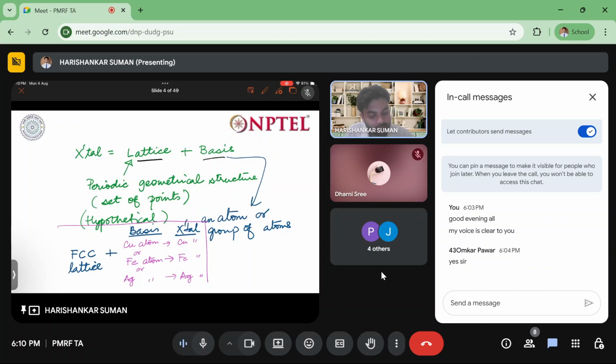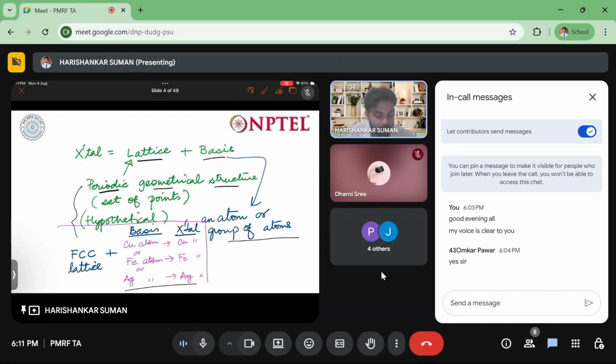So what is a lattice? This is a periodic geometrical structure, a set of points. This is hypothetical. And what is the basis? The basis in a crystal is an atom or a group of atoms, like an FCC lattice plus a Cu atom or Fe atom.